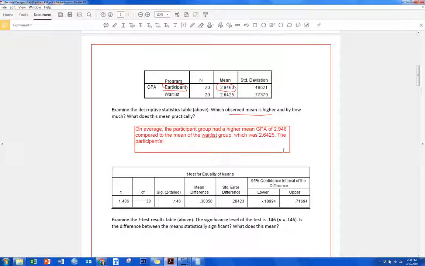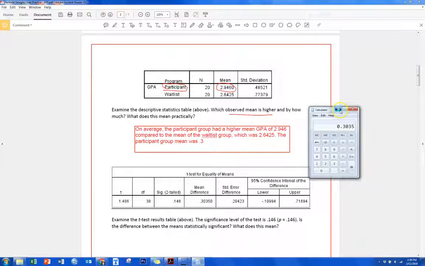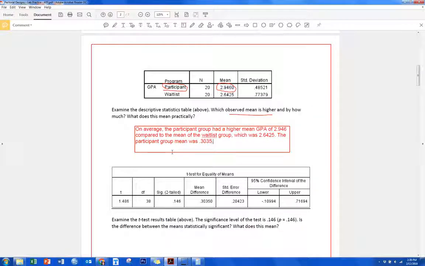The participant group mean was 0.3035 higher, which was about half a standard deviation, suggesting some practical significance.